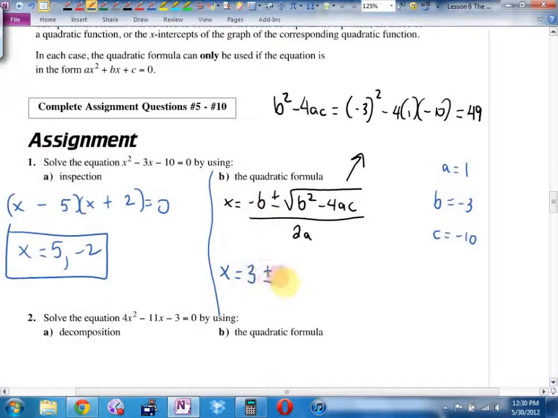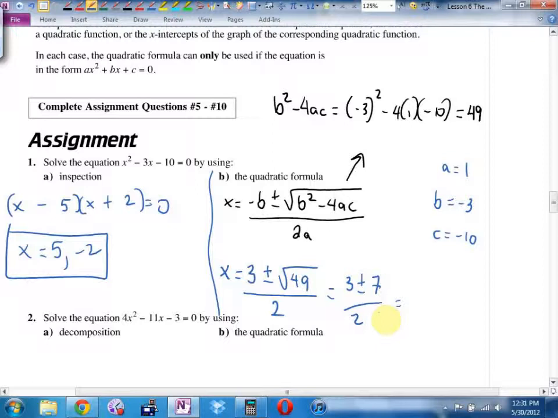Plus or minus the square root of 49 divided by... Sam, in your head, what's 2a? Oh, this square root works out evenly, unlike the square root of 24. What is the square root of 49? You know what? This is going to be 3 plus or minus 7 over 2.